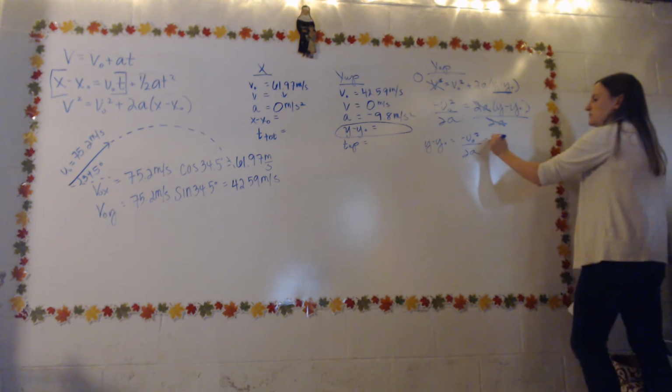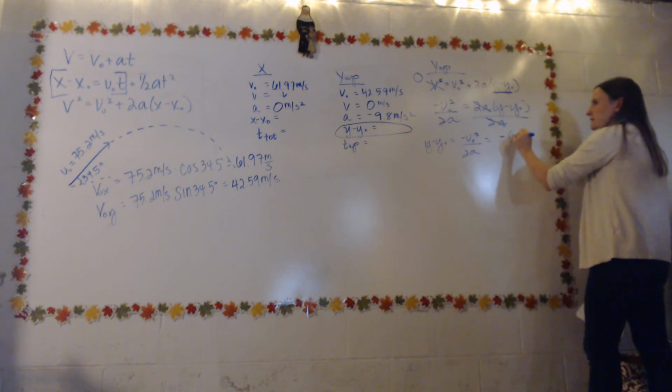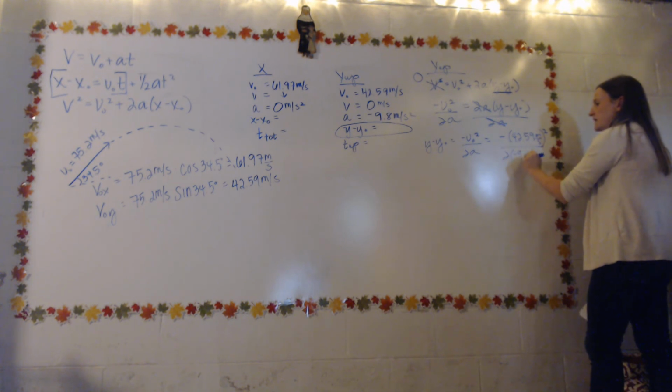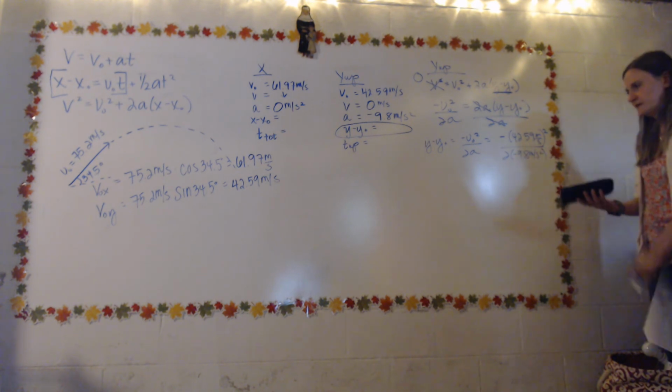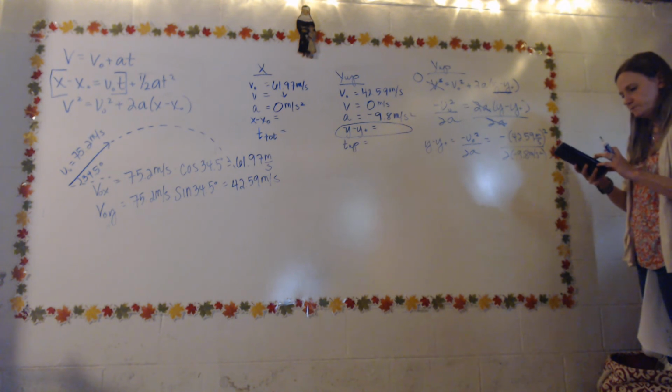Which is, if we put these values in, we just have to be careful to use our y values. So negative 42.59 meters per second, squared, over 2 times negative 9.8. Now, this velocity, 42.59, that's a pretty big velocity. So I'm expecting a height that's, I mean, nothing crazy, but not small.